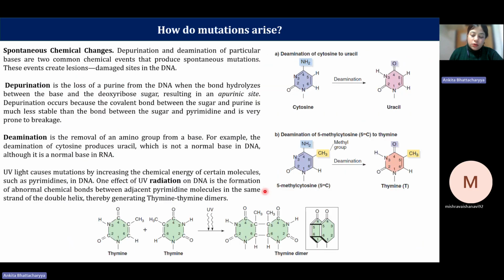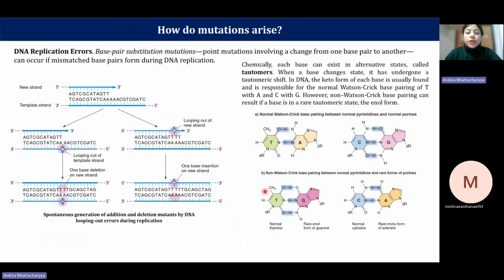Then we understood how DNA replication errors have a role to play in this context, which is a subtype of the spontaneous mutations that I just discussed, where it involves the tautomeric shift, or the existence of a chemical base in different orientations or in different states, which completely alters the type of base pairing it can form.